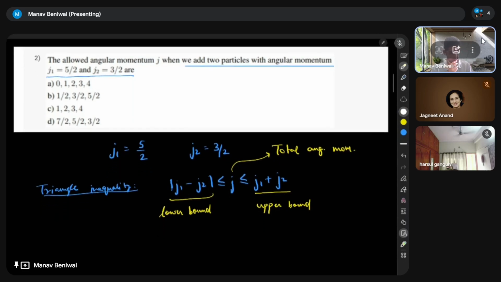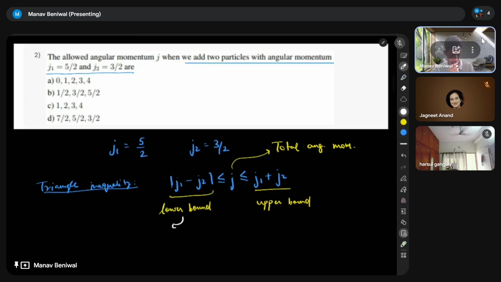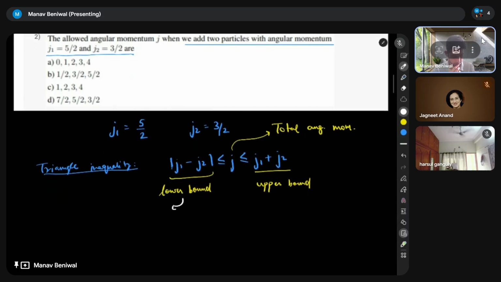So let us find the lower bound. J1 is 5 by 2 and J2 is 3 by 2. So this will be mod of 5 by 2 minus 3 by 2, which is nothing but 1. And for the upper bound, it will be 5 by 2 plus 3 by 2, which is 8 over 2, which is 4.